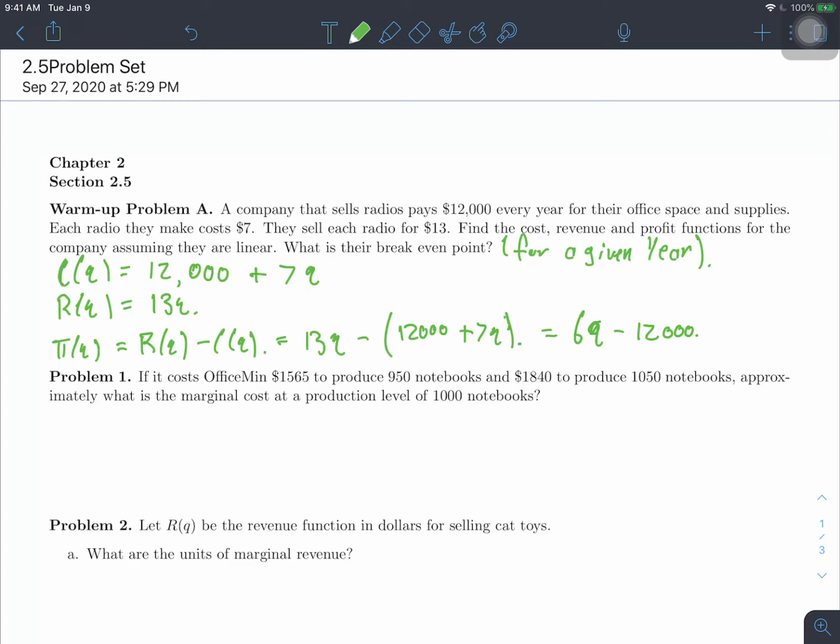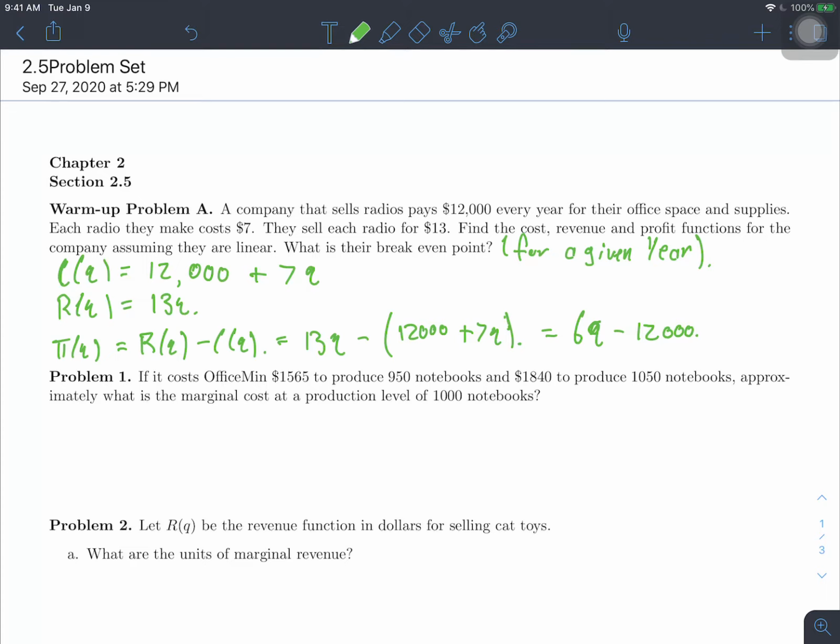All right, the last part of the problem asks us, what is their break-even point? What does break-even point mean for the profit function? It's where profit is equal to 0. That's when I have covered all of my costs with revenue. If my revenue is exactly equal to my costs, then I have the same amount of money that I started with.